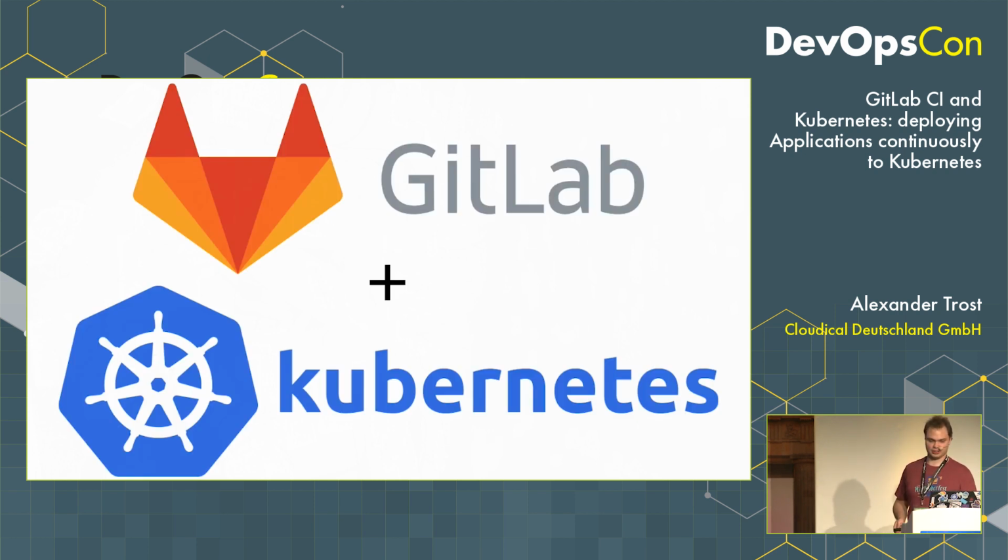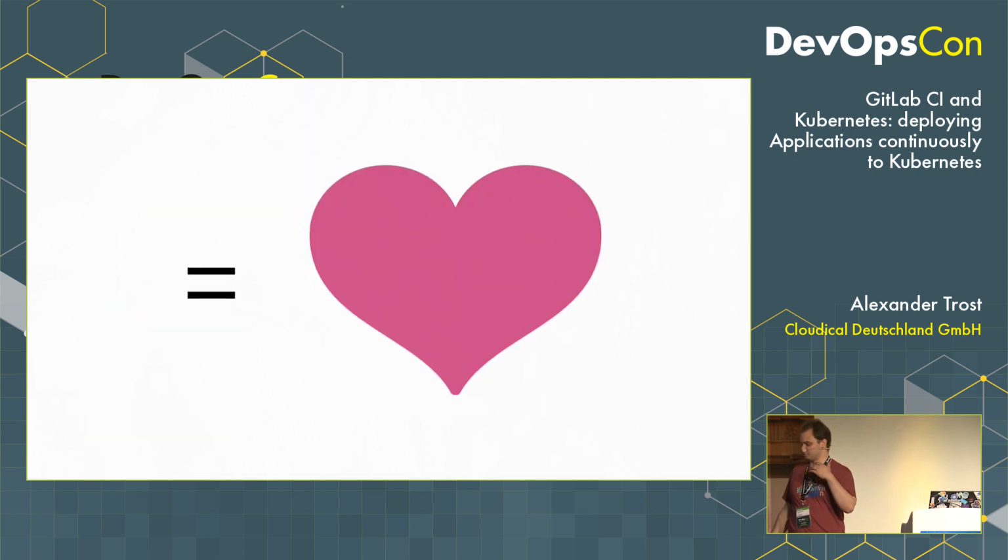Between GitLab and Kubernetes there's more or less a loving relationship, if you want. From the beginning on, GitLab had an integration where you could specify a configuration for a Kubernetes cluster, where you could already with ease, from your project, just deploy to one Kubernetes cluster.